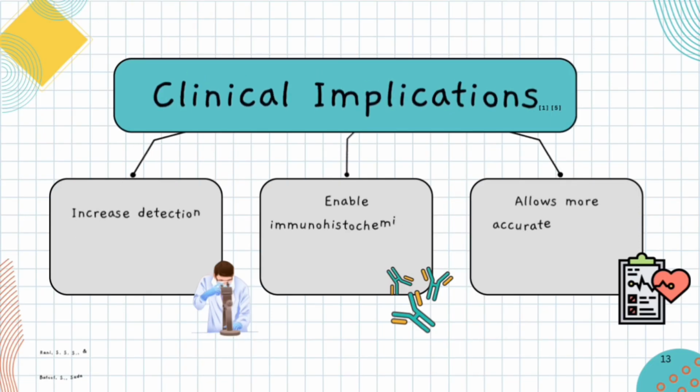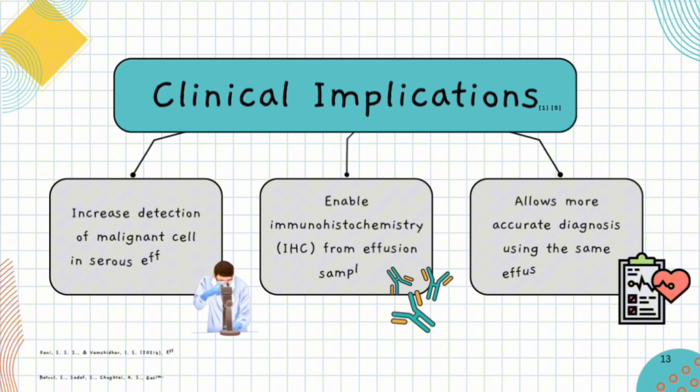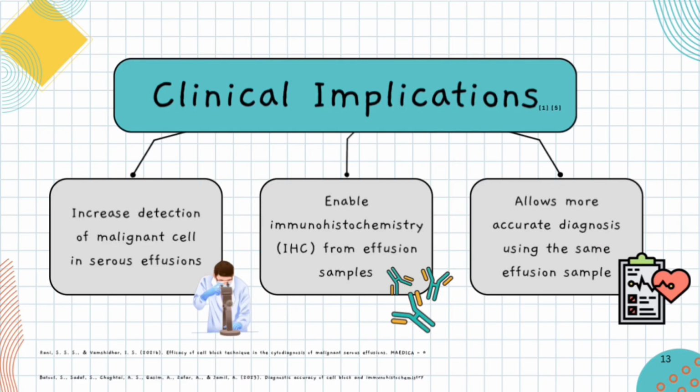Clinical implication. The cell block technique plays an important role in improving the cytological evaluation of malignant serous effusion in clinical practice. Firstly, cell block increases the detection of malignant cells compared to conventional smear, especially in cases with low cellularity or unclear cytological features.